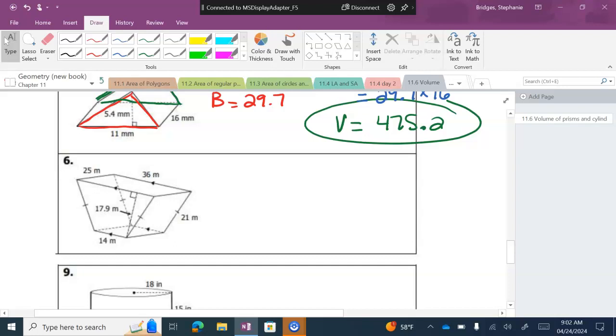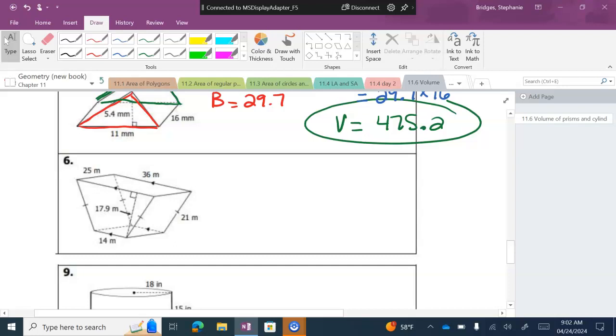Let's plug our numbers in. What is the height of my trapezoid? 17.9. And then I'm going to multiply that by my two bases added together. The bases are the sides that are parallel. What would the lengths of those be? 36 and 14. Does it matter if I put 36 plus 14 or 14 plus 36?